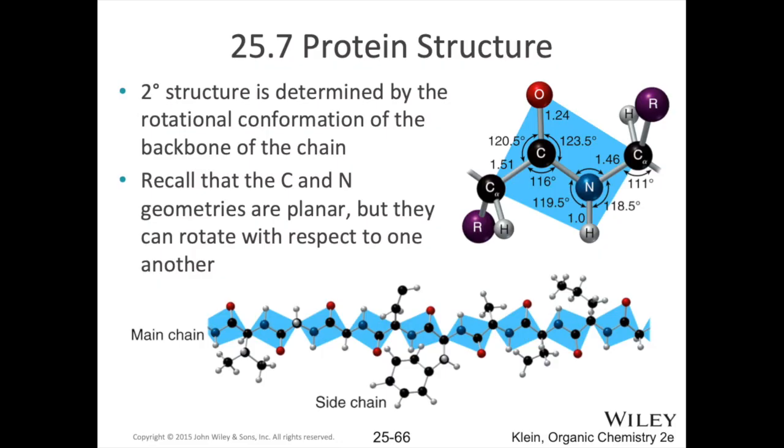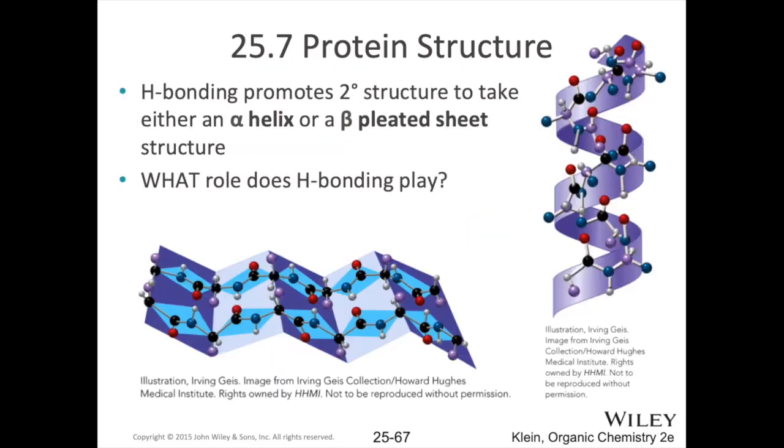It just folds in on itself accordingly. You see this in things like alpha helixes or beta pleated sheets. When these groups start hydrogen bonding with each other, they spiral into a helix, or they weave back and forth into these sheets.